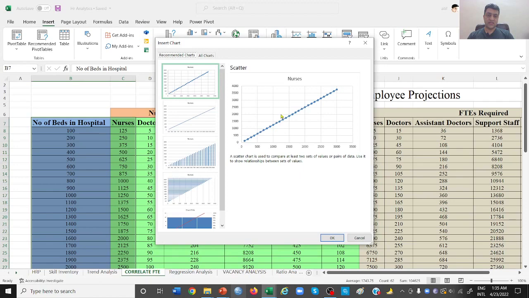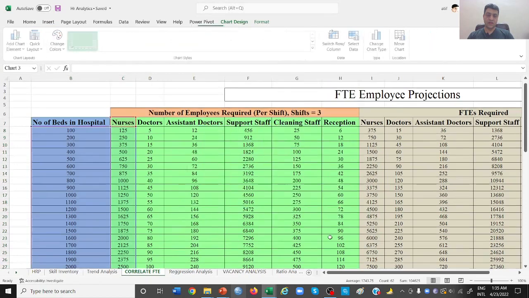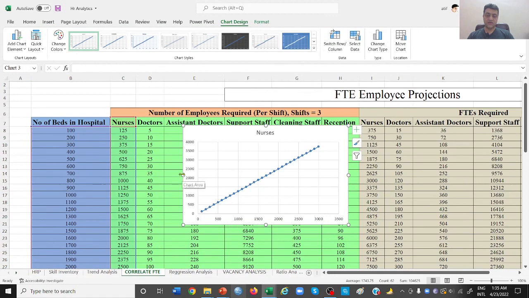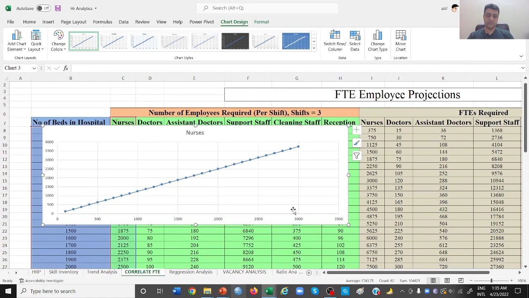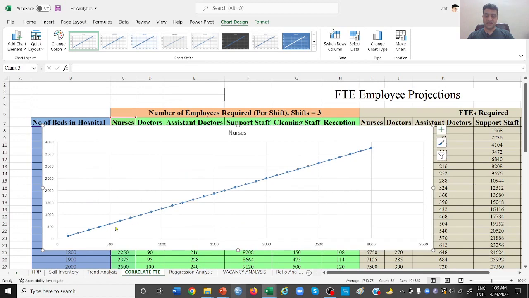Let's just take this kind of graph. It is going to give you this kind of correlation. So this kind of correlation is giving us some kind of linear line, showing how many nurses are required to run different numbers of beds of hospitals.